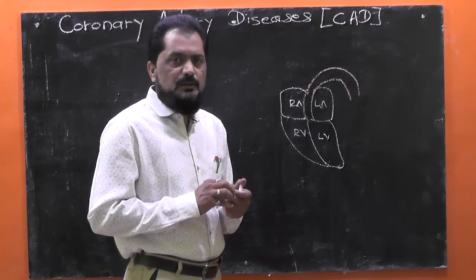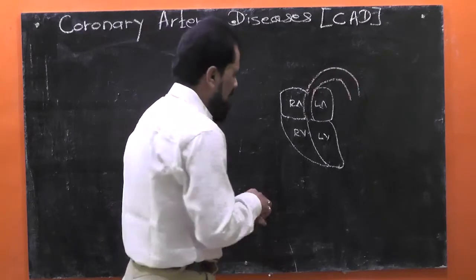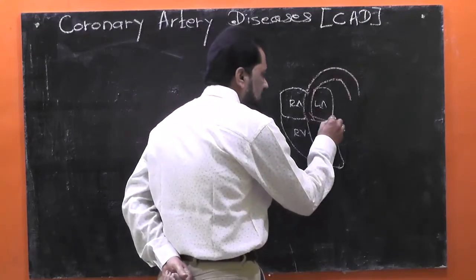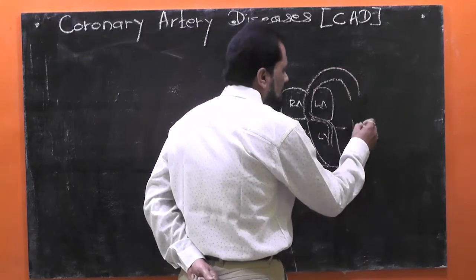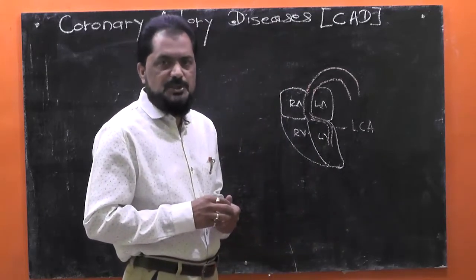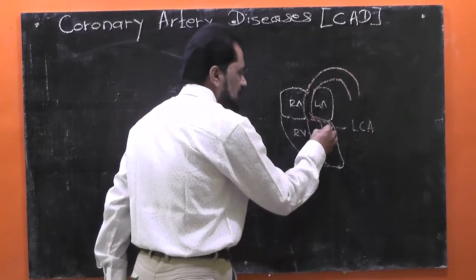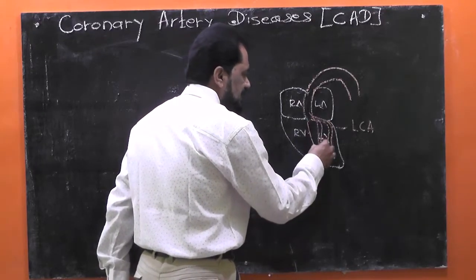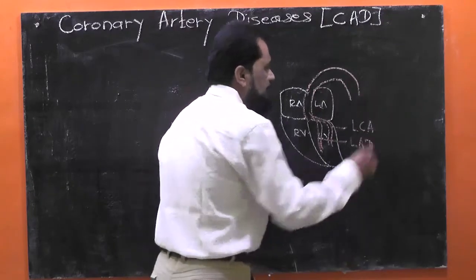Actually, there are three main coronary arteries, let me show. The left coronary artery, here I am going to show the left coronary artery. Of course, it has many branches and sub-branches. Then another one is the left anterior descending, which can be abbreviated as LAD.